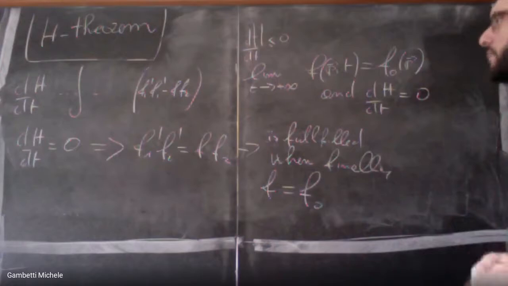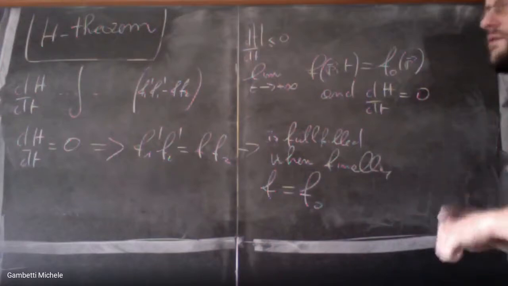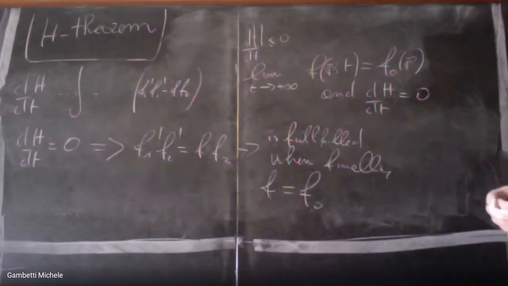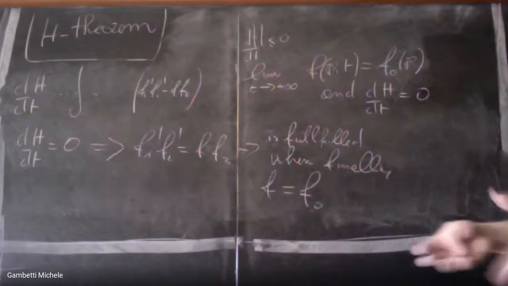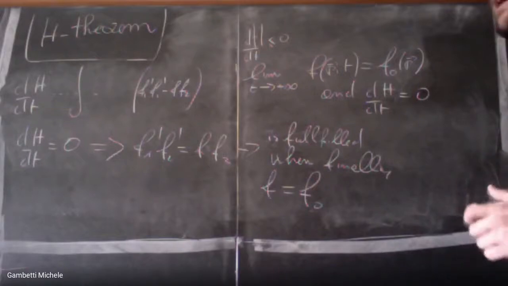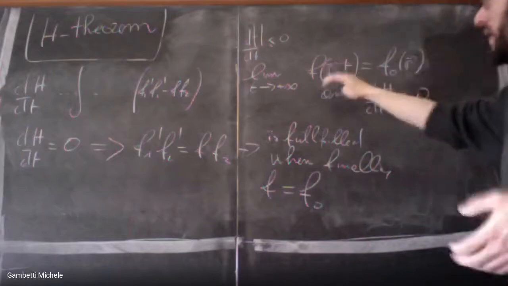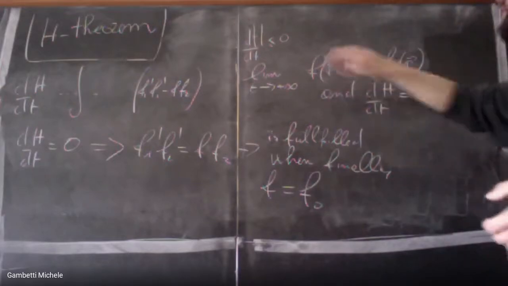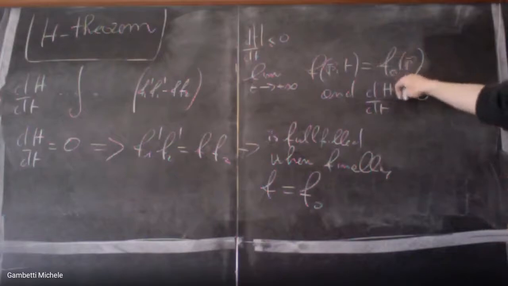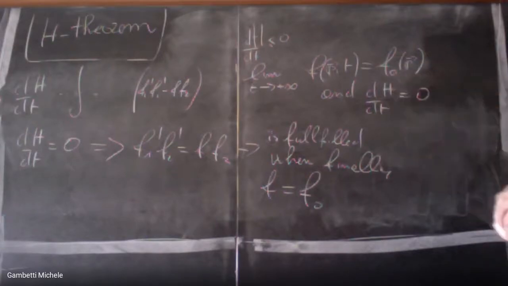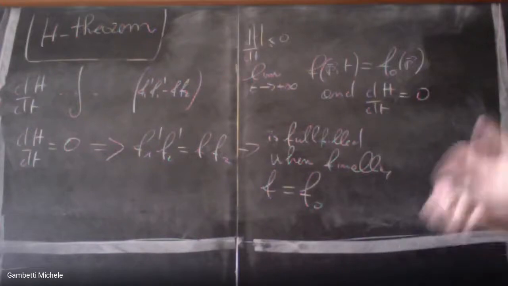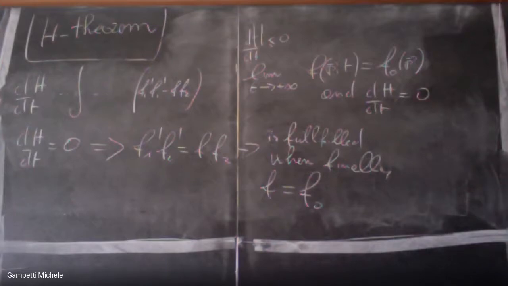Here instead, if I am able to solve the Boltzmann equation, I can have an idea of how much time I need to go from my initial f, out of equilibrium, to the equilibrium distribution, and which are the processes that drive this tendency to equilibrium.